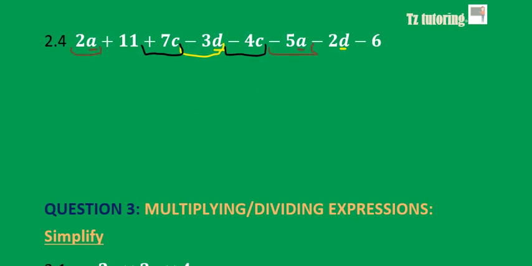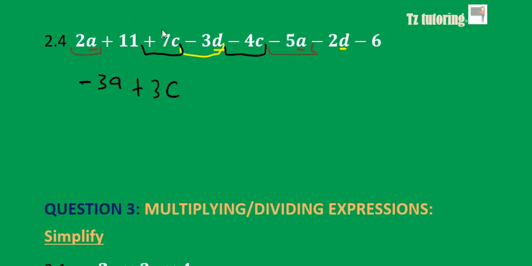All right, so let's simplify the like terms starting with a. 2 minus 5 is negative 3, and the like term is a. The next letter is c. Plus 7 minus 4 will give us positive 3c. The next letter is d, negative 3.